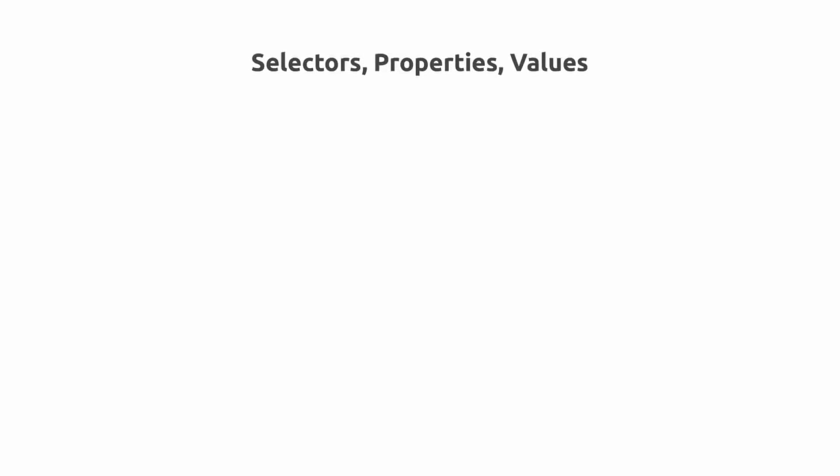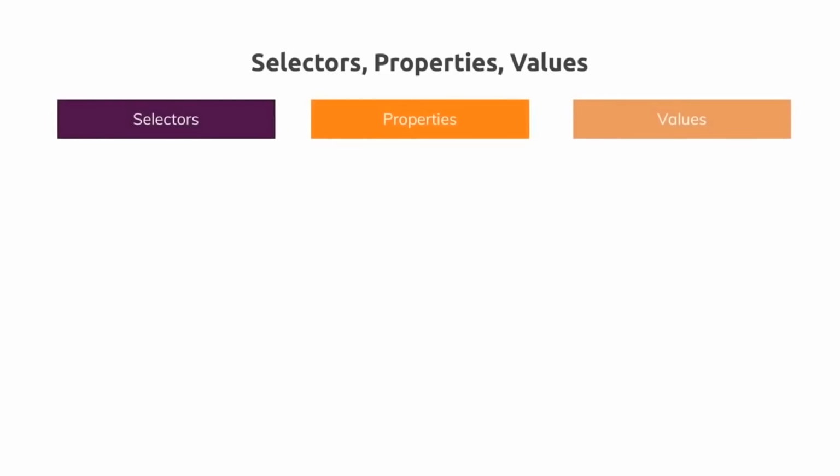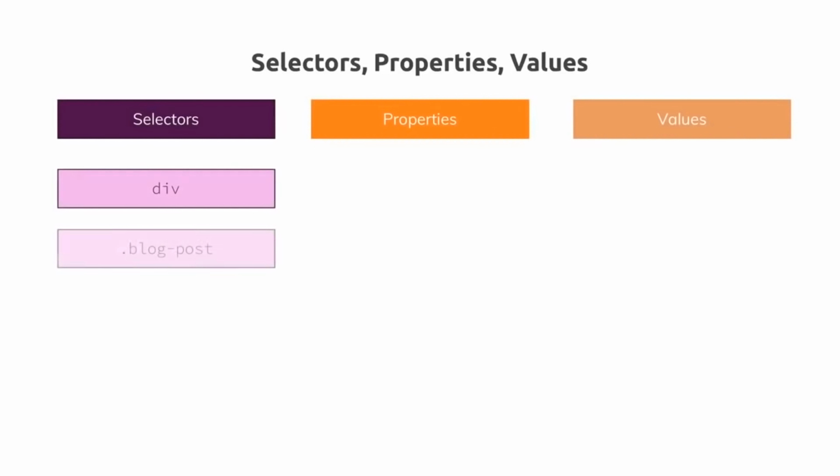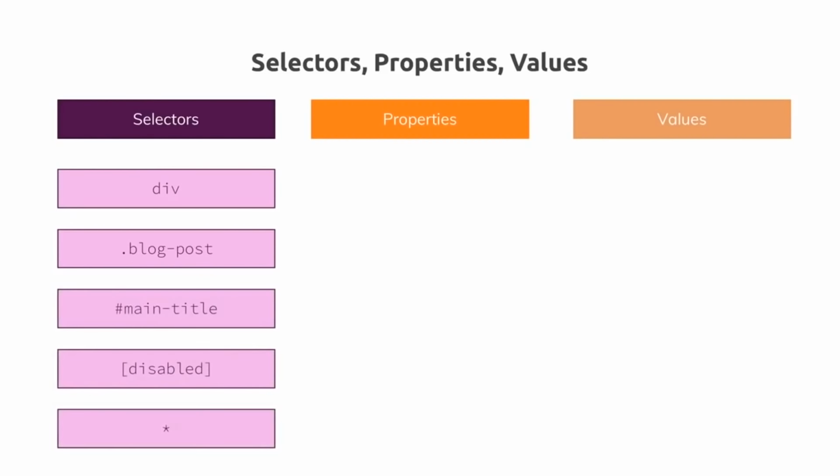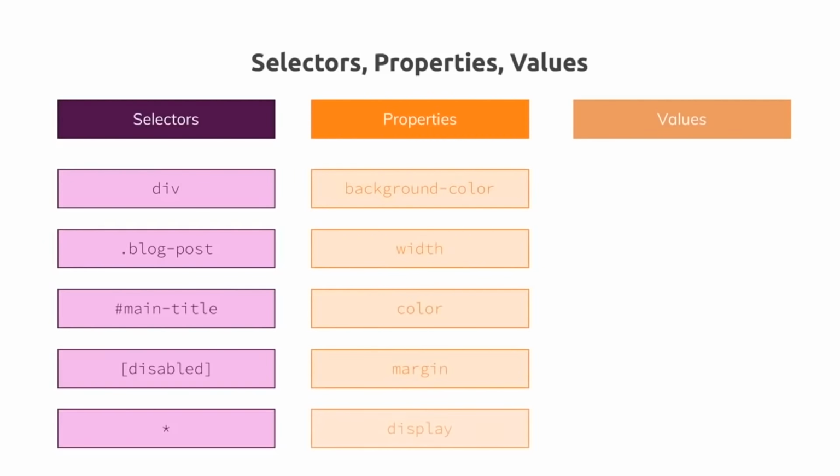In this course module, we set some important foundations about the way CSS works, and we worked with selectors, properties, and values. Now, just to bring this back into memory, selectors are things like div, class blog post, ID main title, the disabled attribute, or the universal selector. Properties are things like background color. We haven't seen that. We used background.